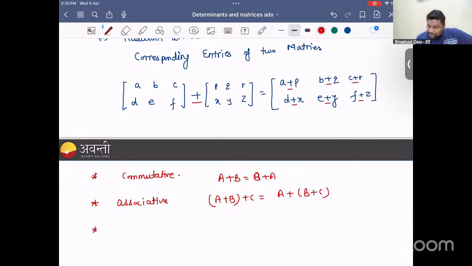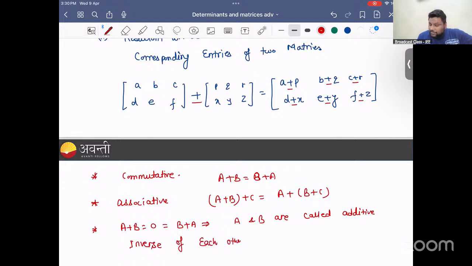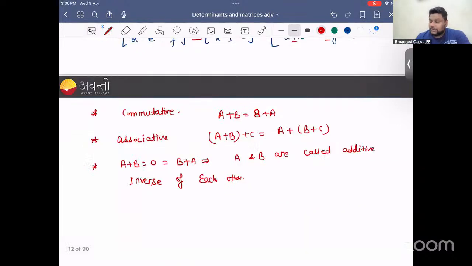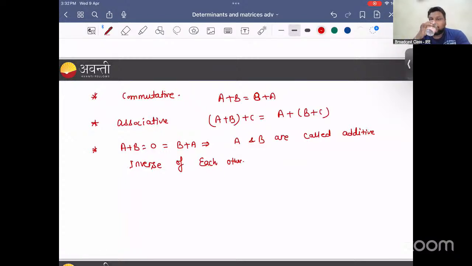Then there is another term: if A plus B is a null matrix and also B plus A, that means A and B are called additive inverse of each other. Got it? Any doubt? Akshay, understood?